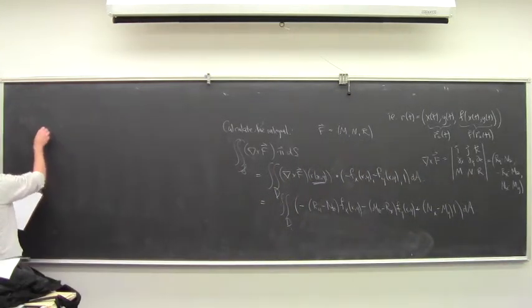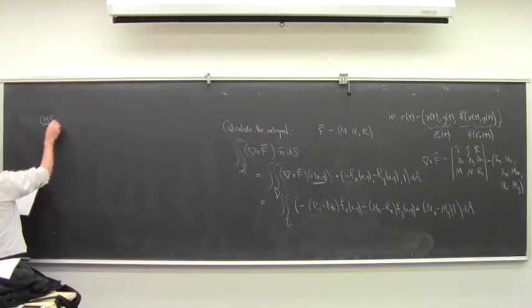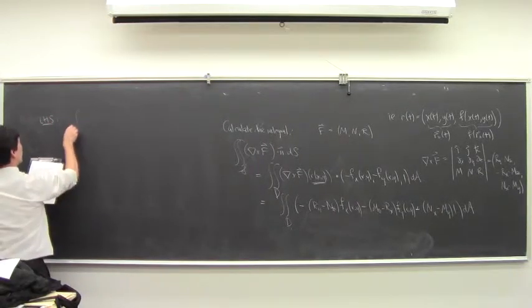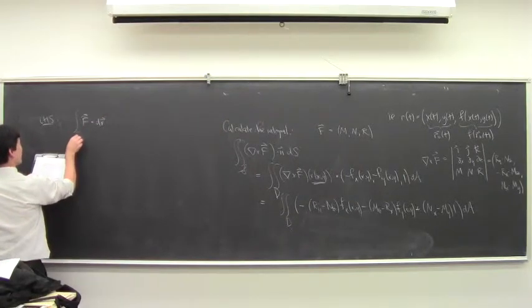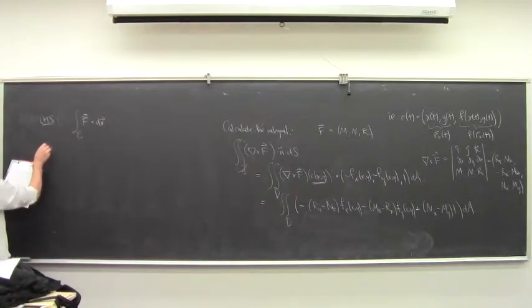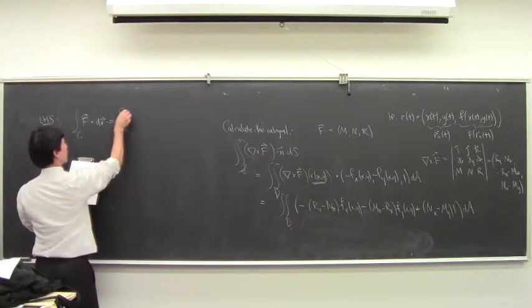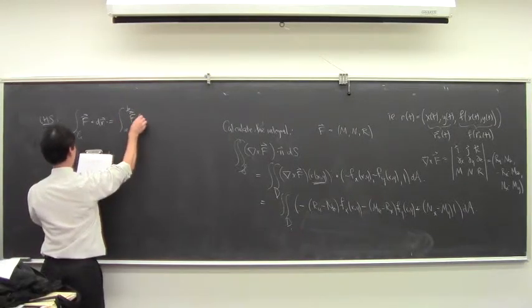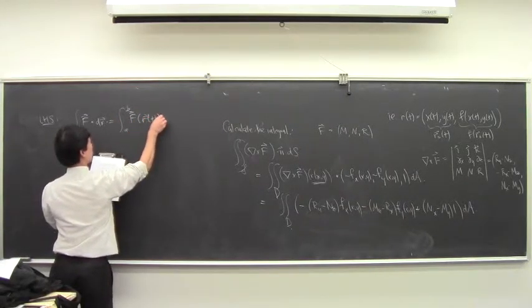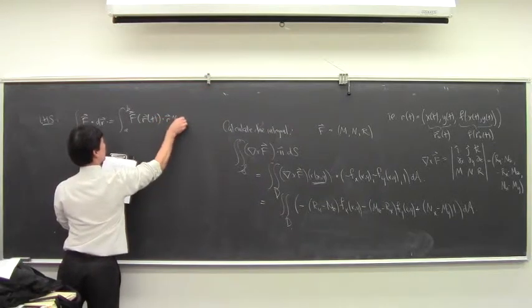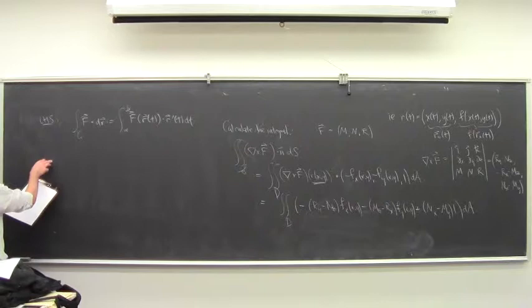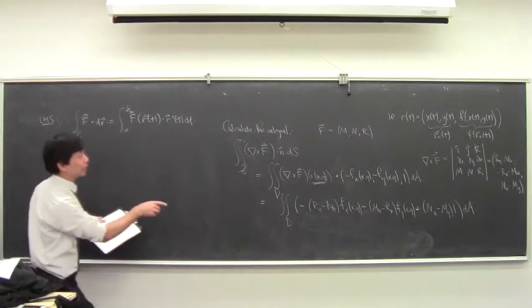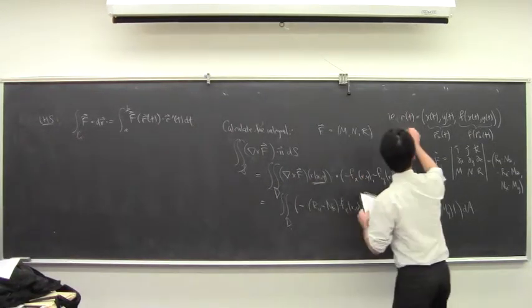Okay, so here's the left-hand side. F dot dr is of course the integral from a to b of F of R of t dot R prime of t. Remember what R was.